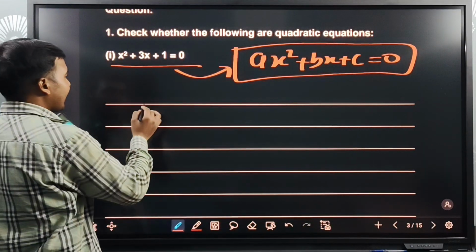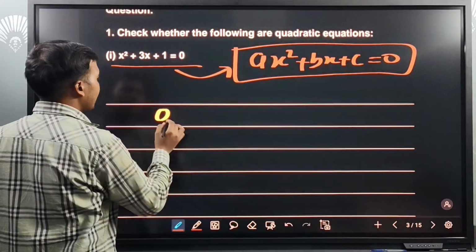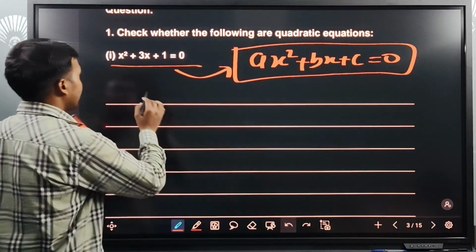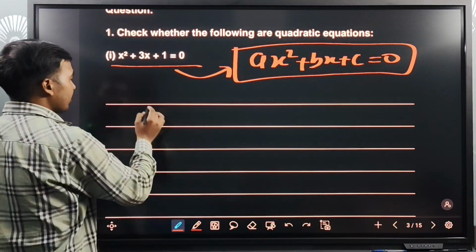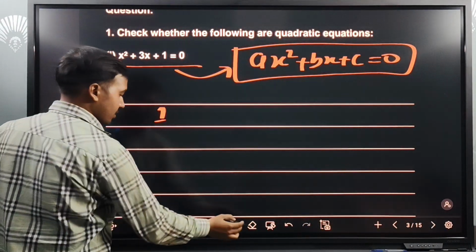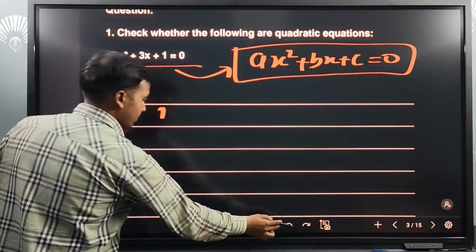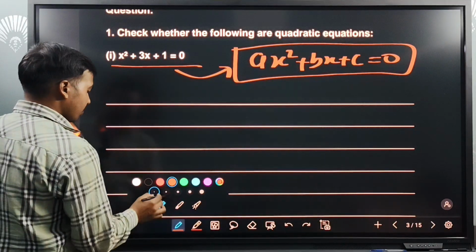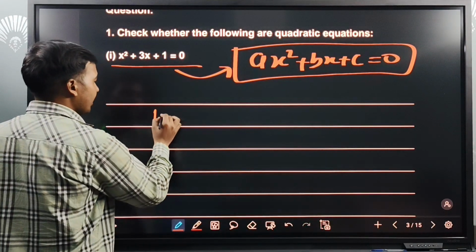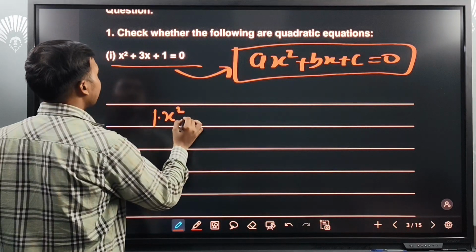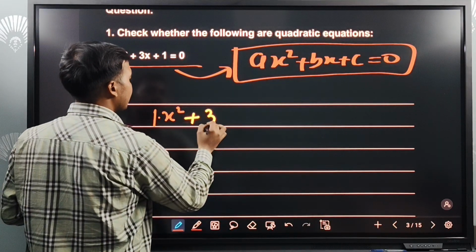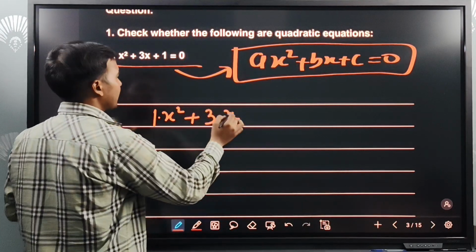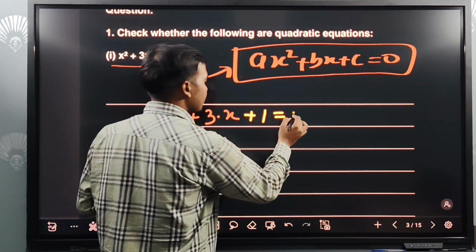So here we can write it as 1x square plus 3x, 3 multiplied by x, plus 1 equals 0.